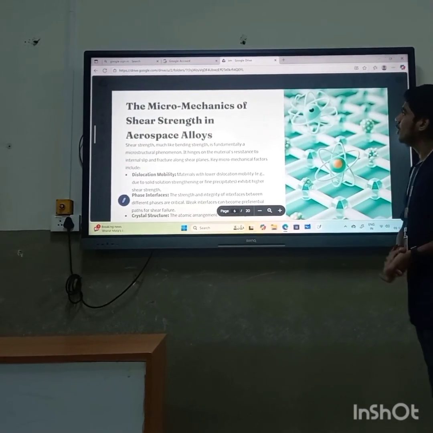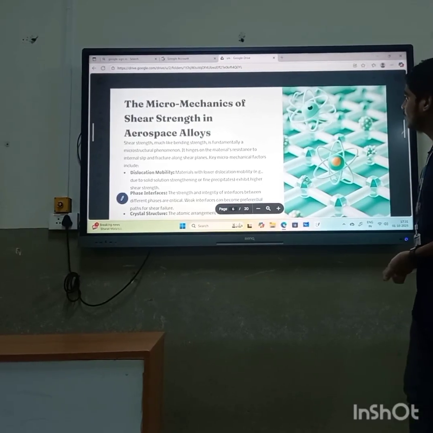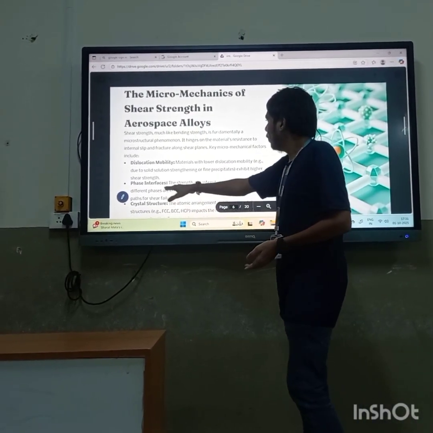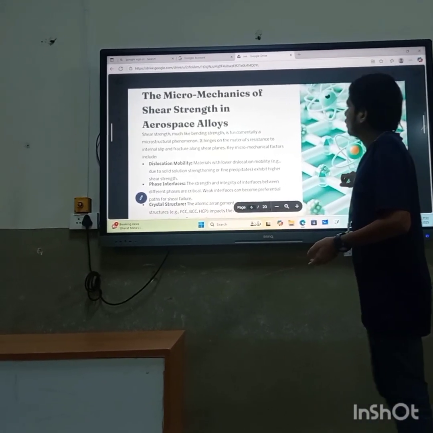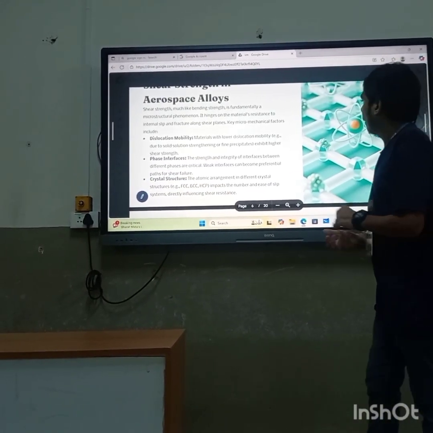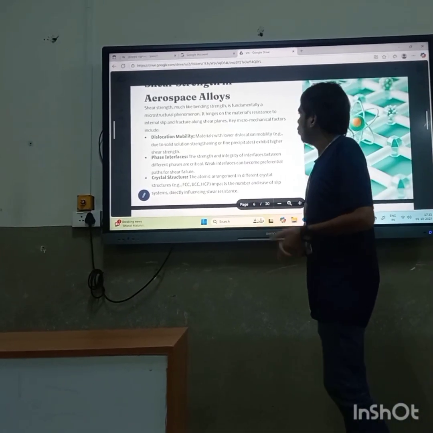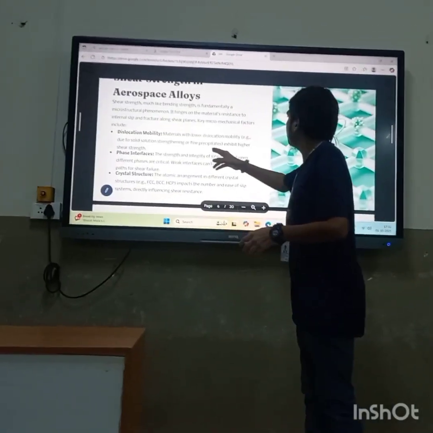The next slide is the micromechanics of shear strength in aerospace alloys. There are three factors: dislocation mobility, phase interfaces, and crystal structure. In dislocation mobility, examples are solid solution strengthening or fine precipitates.